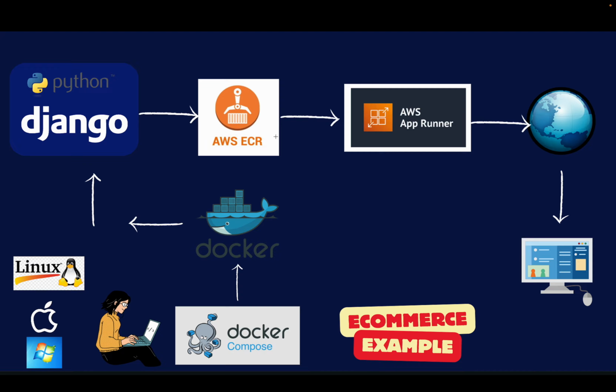As soon as we push the image into ECR, App Runner will take the image with the latest tag and be responsible for scaling it, adding security like WAF, and making sure it is alive and ready to use all around the world.